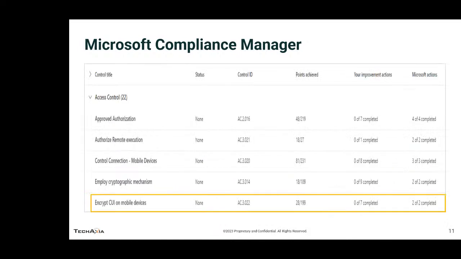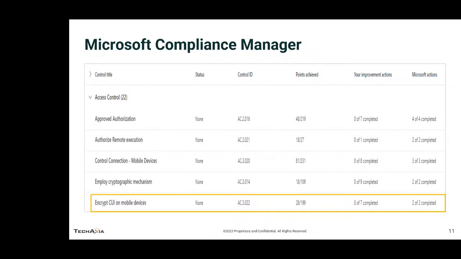Drilling further into the Microsoft Compliance Manager, on this screen, you can see that for access control, for example, there are 22 categories of action items broken down into your own responsibility as a company using the Microsoft Cloud and also Microsoft's responsibility.